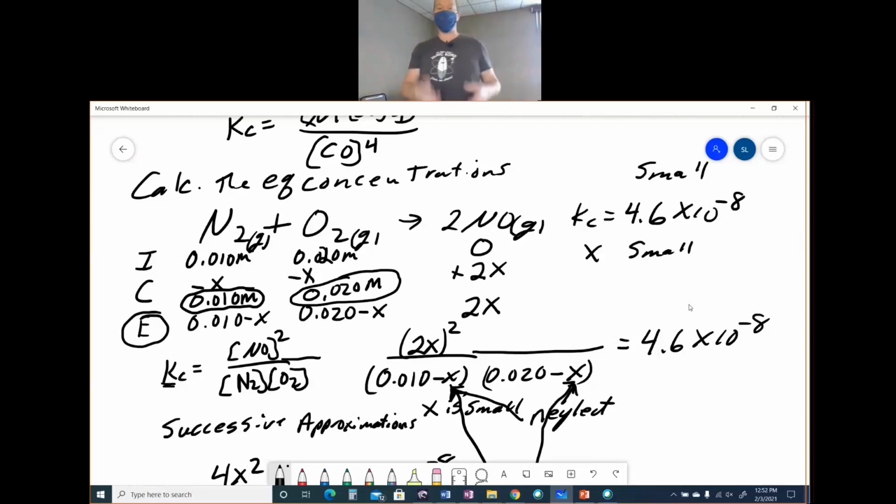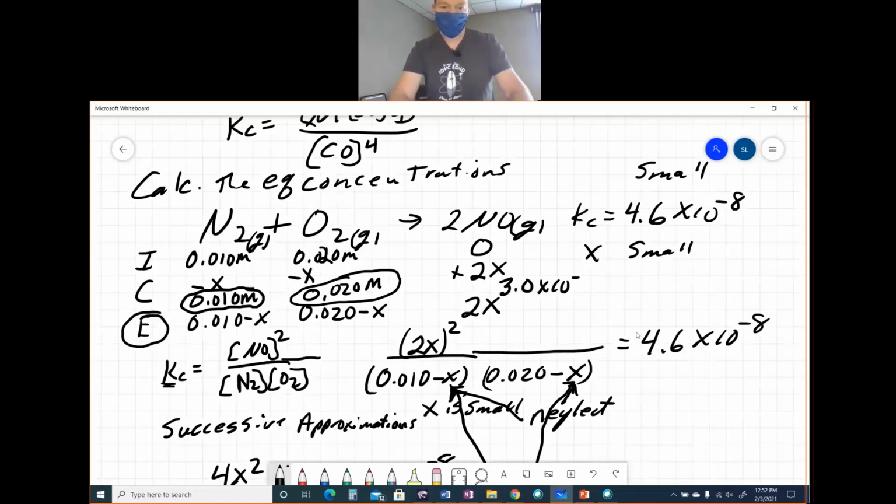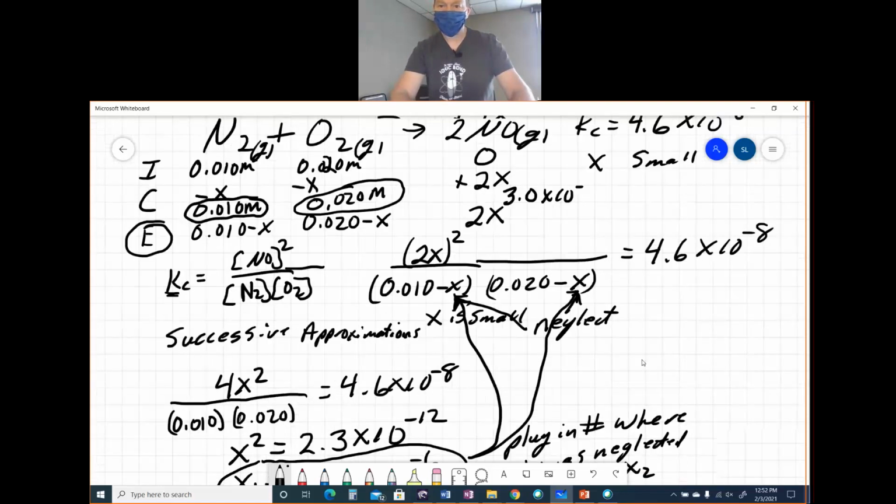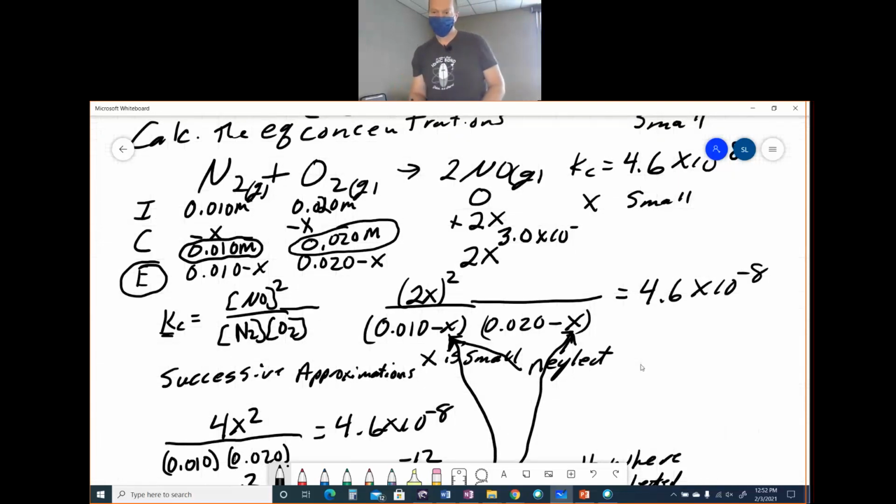When you have 3 decimals minus a bunch of decimals, it rounds to 0.020. And then you have to multiply it by 2, so you have 3.0 times 10 to the minus 6 molar, from the 1.5 times 10 to the minus 6 times 2.